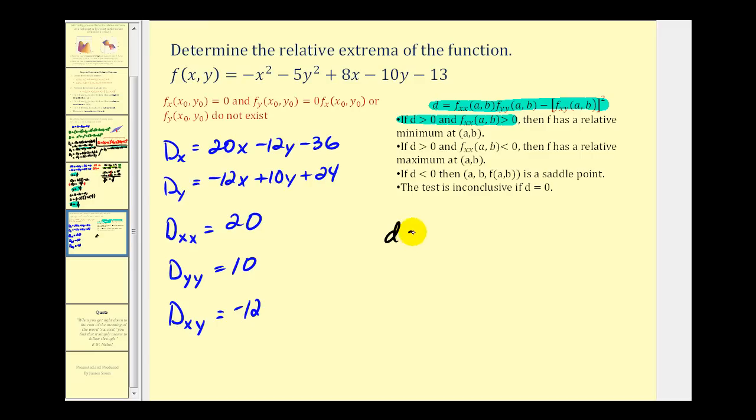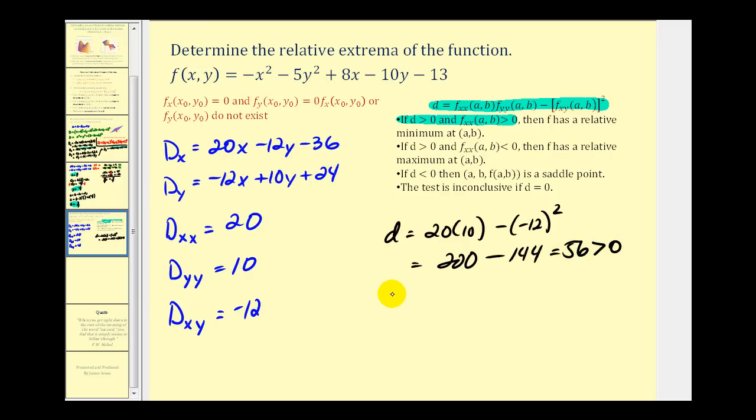Okay, so d is going to be equal to 20 times 10 minus negative 12 squared. It's going to be 200 minus 144, which is 56, which is positive. And then again, the second order partial with respect to x is also positive. So this does verify that we did find a relative minimum for our function.